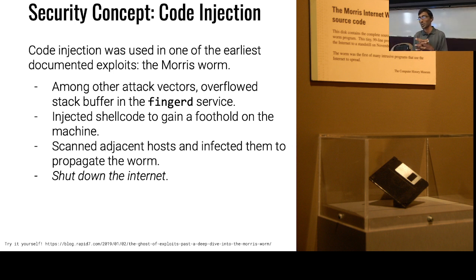And this was the first recorded or documented exploit of a worm, in which a virus program can spread and replicate across all the devices and systems. It was able to replicate across different computer architectures and platforms. And they had to shut down the internet, and that's a big story behind it.